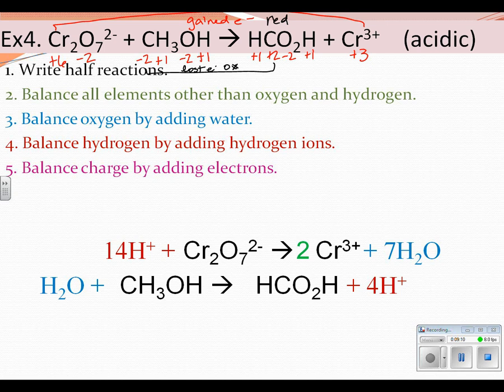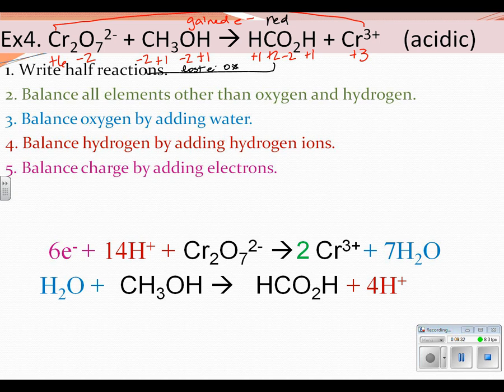So to do that, I'm going to add 6 electrons to the left because that's going to take away positiveness. Okay, so that's 6 electrons plus the 12 on my left side makes it to where I only have a plus 6 on the left side. I also only have a plus 6 on the right side of that equation.